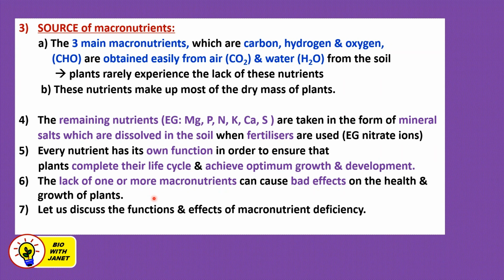So the lack of these nutrients in our diet can also cause effects of deficiency, okay? Same for plants. Now let us discuss the functions and effects of macronutrient deficiency, and let us identify the various macronutrients and also micronutrients.